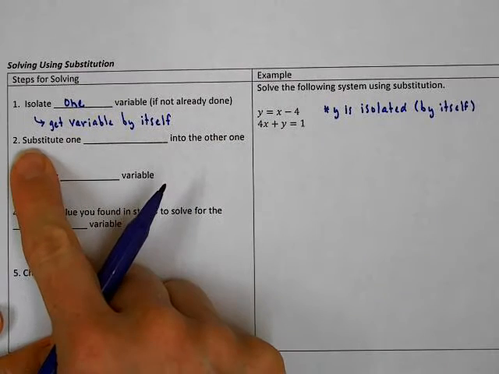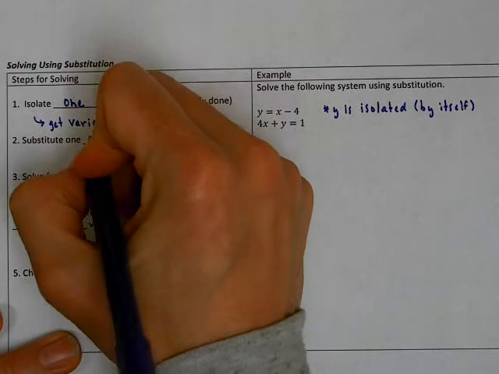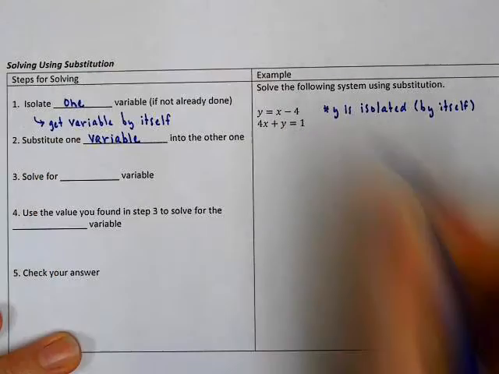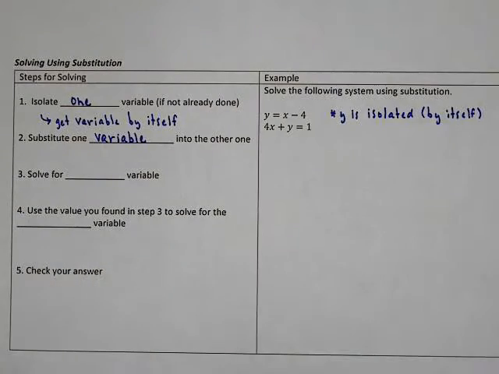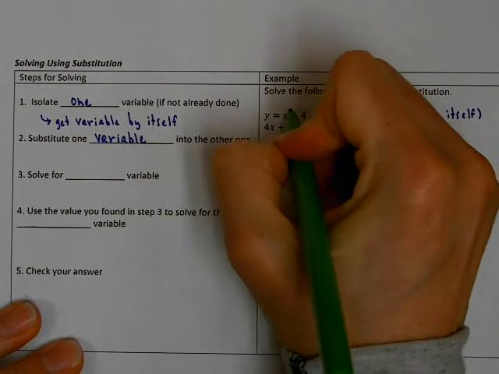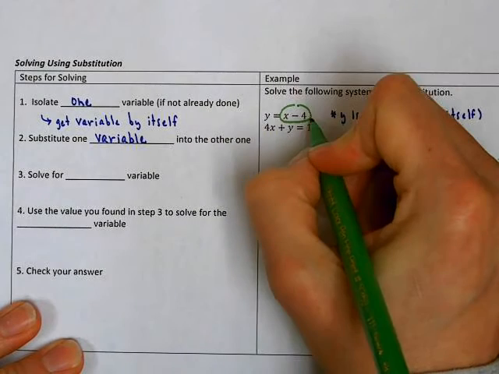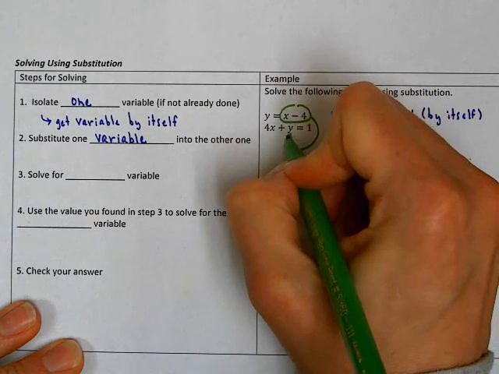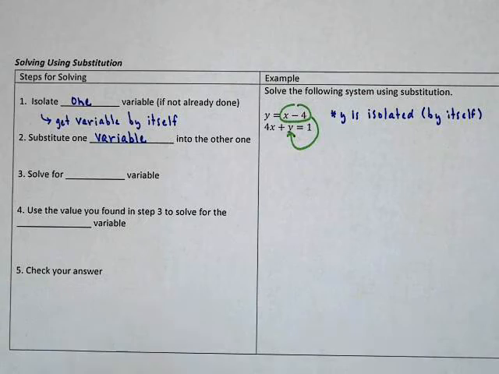So now what we're going to do is substitute one variable into the other one. Here's what I mean by that. Here we know that y is equal to x minus 4. So when I look at my next equation, instead of putting y here, I'm going to substitute or replace the y with x minus 4.